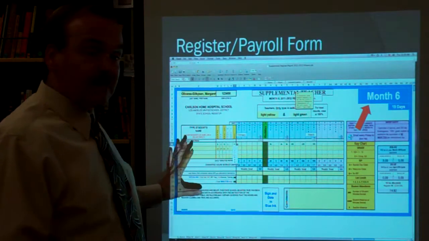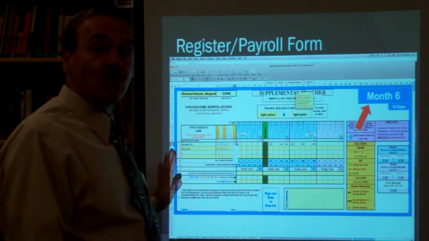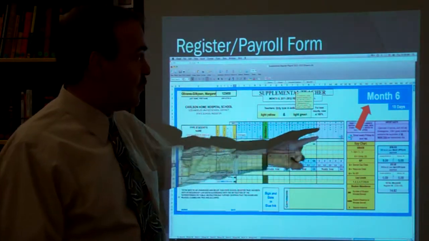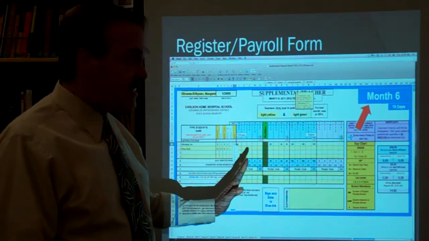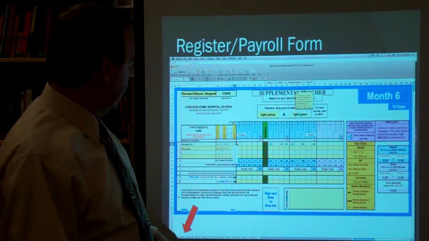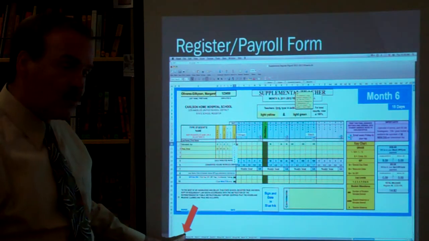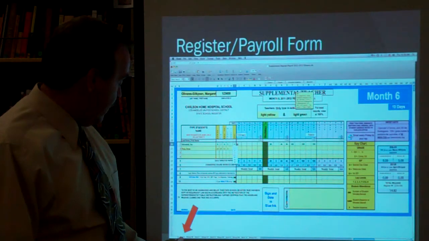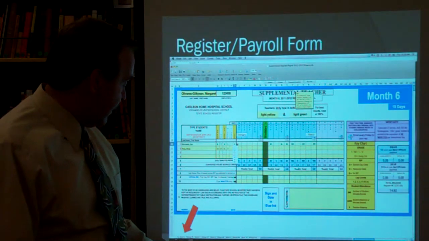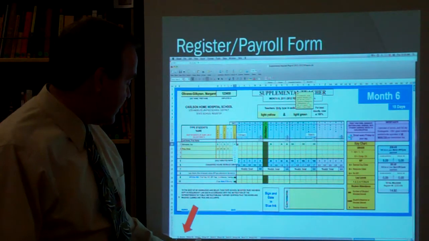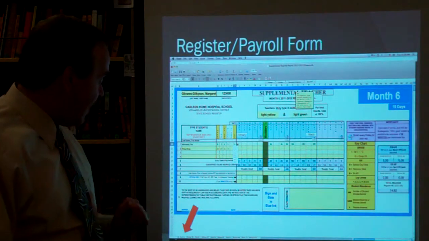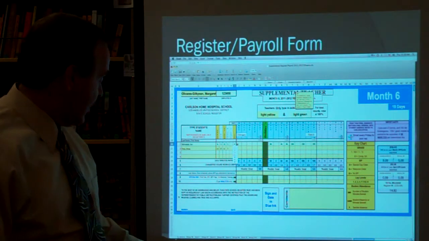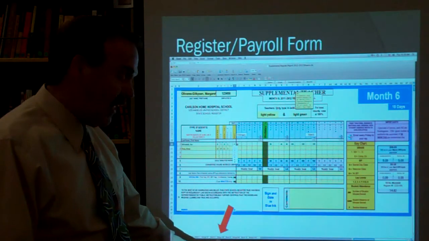And then this becomes the document that you use for the rest of the semester. This one starts with month 6 and it will go through month 10. I know you can't see it right now, but there's month 6, month 7, 8, 9, and 10. And then at the bottom, you also have mileage forms.